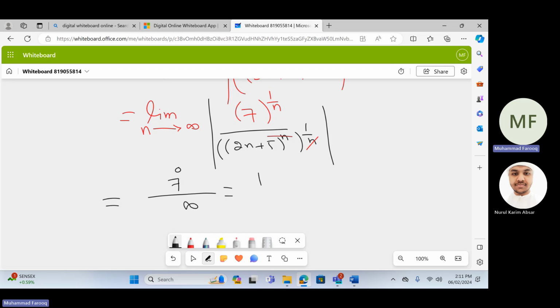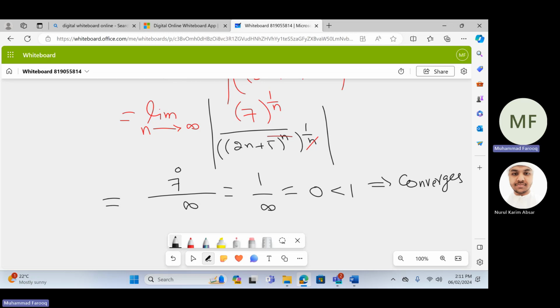So 1 over infinity, what's the answer? 0. Less than 1, so what is the decision? Converges. Doctor, can you repeat how it became infinity? This one? Yes. Because n is infinity, so 2 times infinity plus 5. Infinity plus 5 is infinity. That's right.